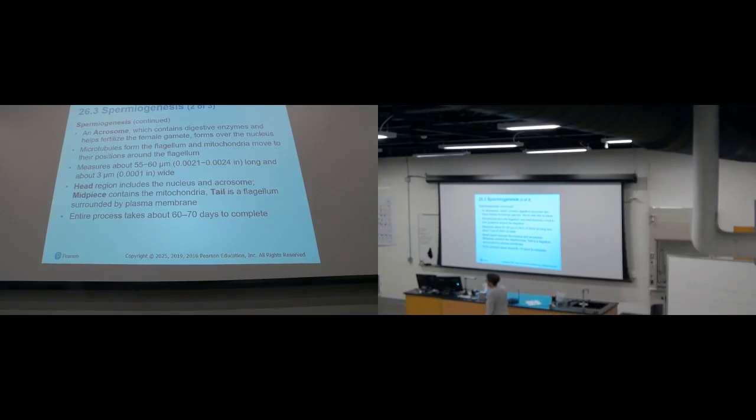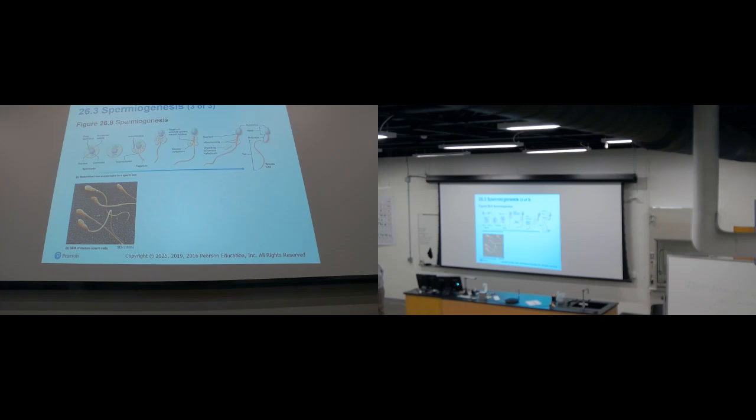And then the mid piece that connects the head to the flagellum has an abundance of mitochondria so that you can have a lot of ATP to move the tail, which is the flagellum. It takes around 60 to 70 days for this process to complete. So this is what happens during spermiogenesis.